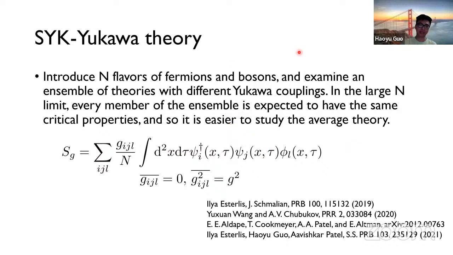So we have extended the flavors of the fermions and the bosons to have N flavors, and we make the coupling between them a random number in the flavor index. And then we could just follow the tricks in SYK models by performing a sample average of the theory, and the equations we obtain turn out to be easier to handle.